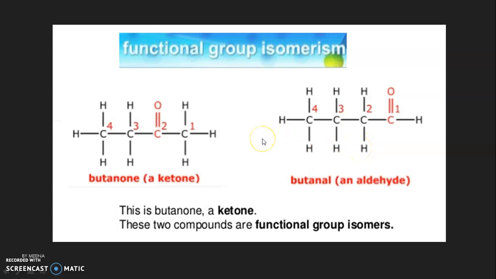So you have C4H8O, the molecular formula of this butanal as well as butanol. So the structural formula is different. In this way, the functional group is different, but the molecular formula is the same.